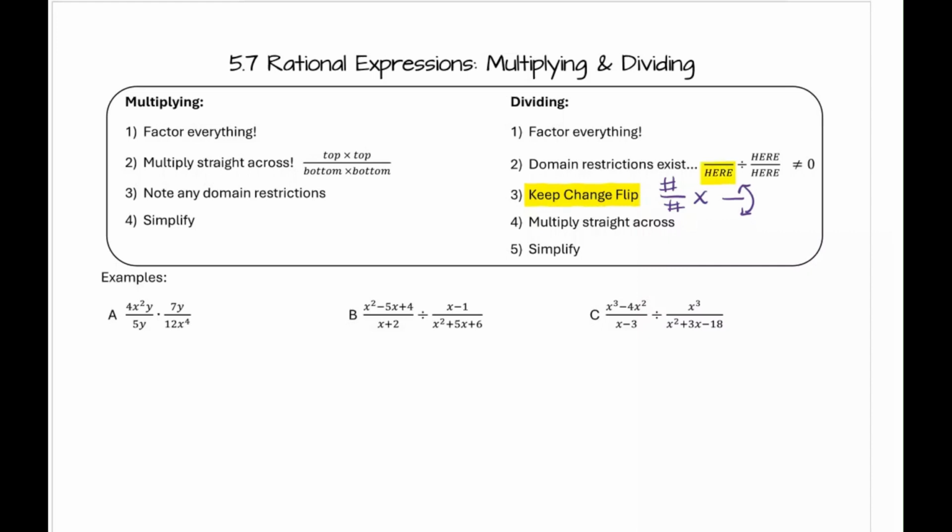So you can't have one here or in the original denominator before you keep, change, flipped it, right? And then once you flip it, you now have a denominator here. So you're not allowed to have any domain restrictions here. So let me do this again. Here, here, or here in the original problem, okay? So keep, change, flip, and then multiply straight across, top times top, bottom times bottom, okay?